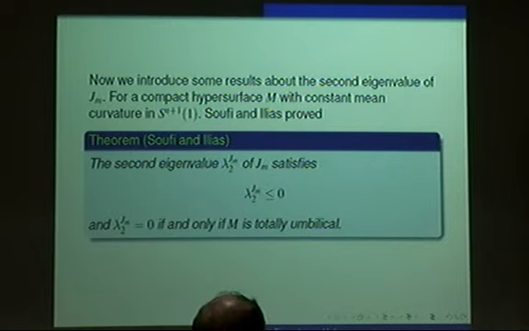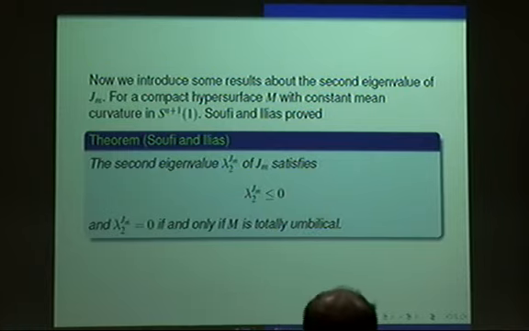This means the second eigenvalue of the Jacobi operator is non-positive. It is equal to 0 if and only if M is totally umbilical. So this is the Sophie and Alias result about the second eigenvalue of the Jacobi operator.